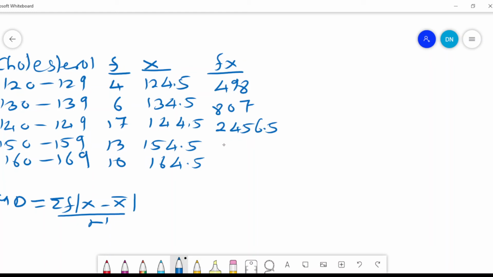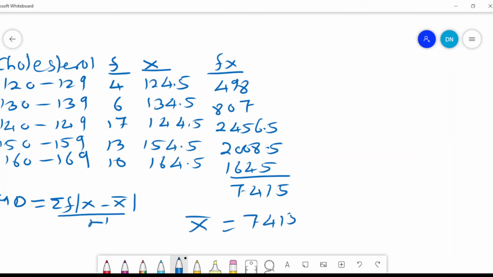And then 13 times 154.5 is 2008.5. And then that is 1645. And then we have 7415, and therefore our mean is 7415 divided by 50, and that will give us 148.3.